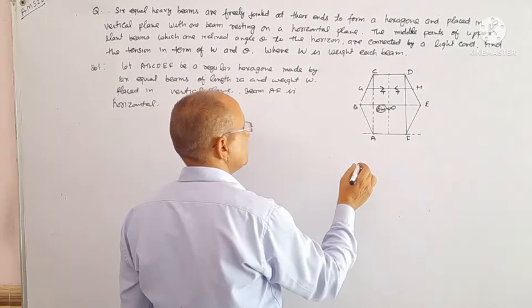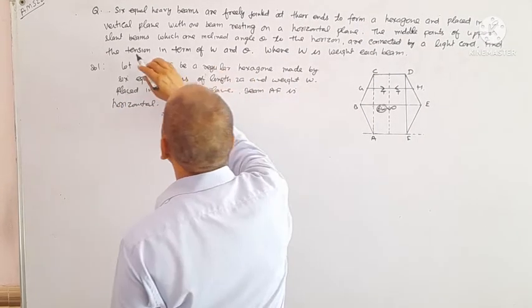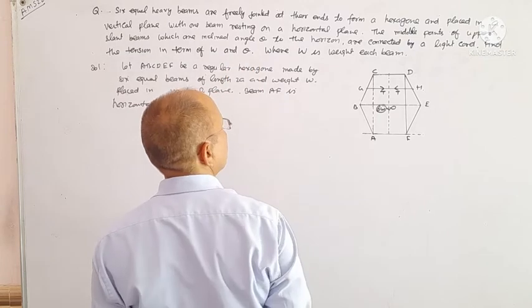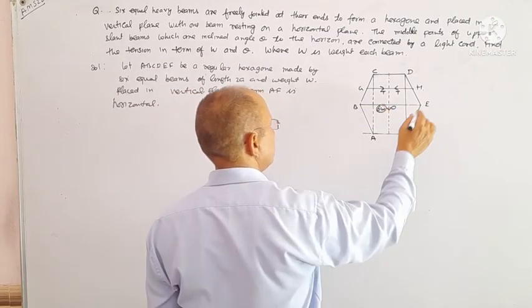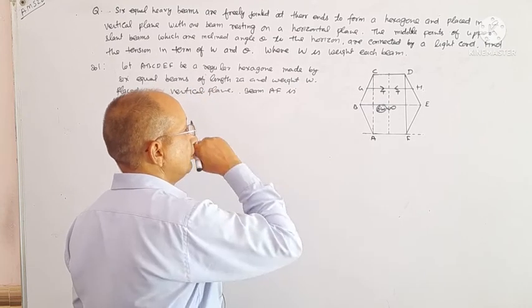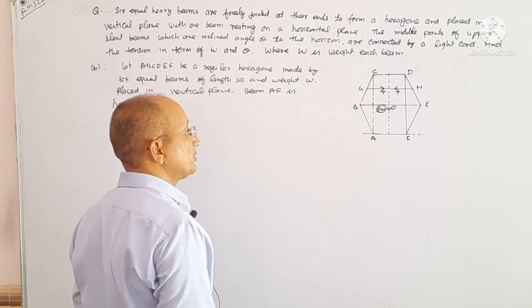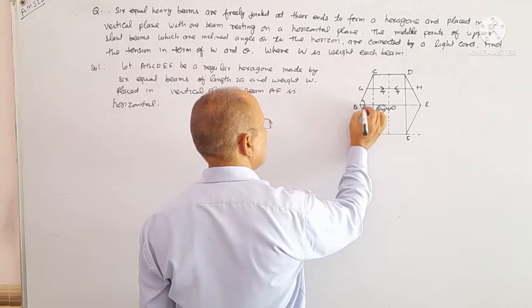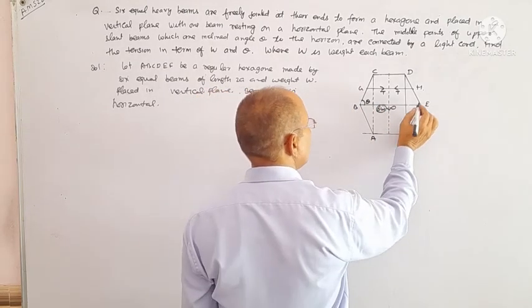The slant beams AB, FE, BC, DE are slant beams making angle theta to the horizon.